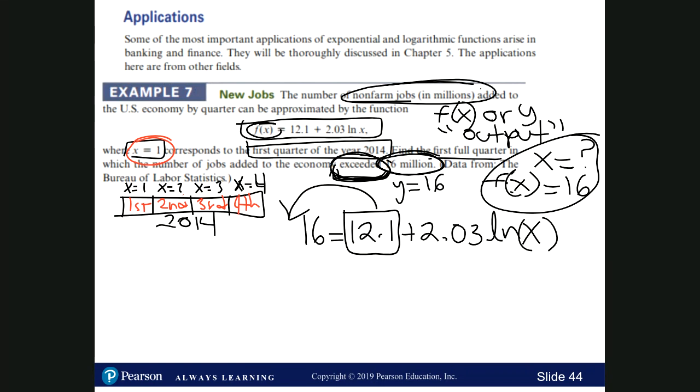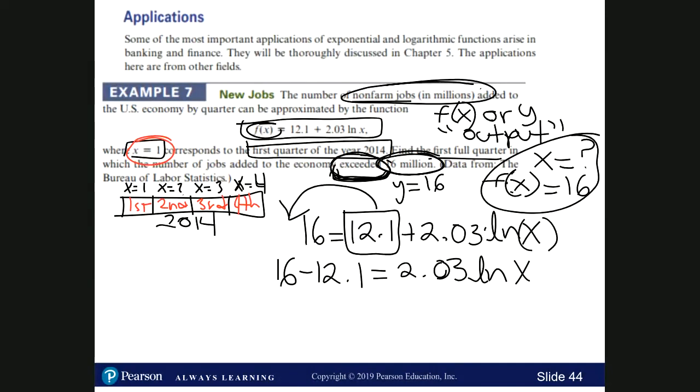So instead of adding, it will be subtracting. And then here we will have 2.03 times, because there's no sign in between natural log and 2.03, log of x.